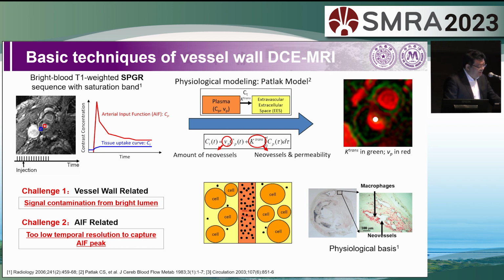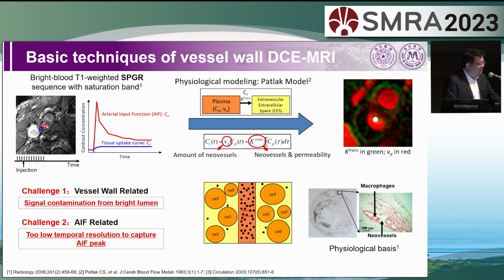However, there are several challenges. The first one is vessel wall related. Because we want to generate high spatial resolution DCE MR images, and the plaque is not very large, the temporal resolution is not very good for AIF acquisition.